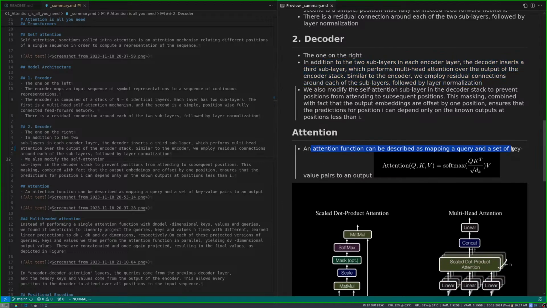Attention. An attention function can be described as mapping a query and key. So what is attention? Wait, what is this? This would be an array, right? So what is a query?